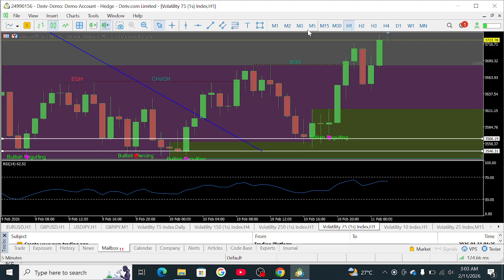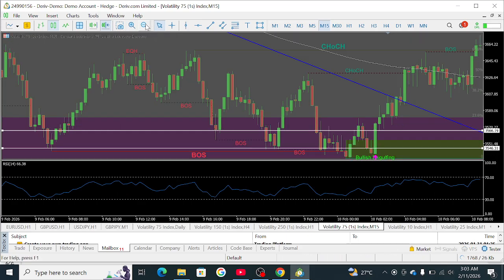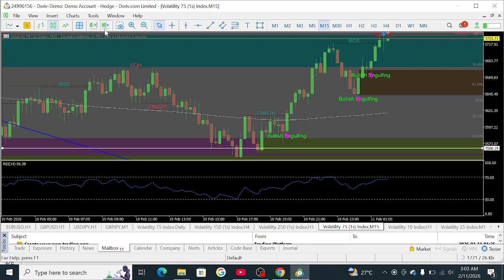We go down to the 15-minute time frame to check for the structure that the market will present to us. We have a lot of structures or chart patterns, so it depends on which one the market presents to you. You need to know all this so that you will not be confused whenever you come across any.